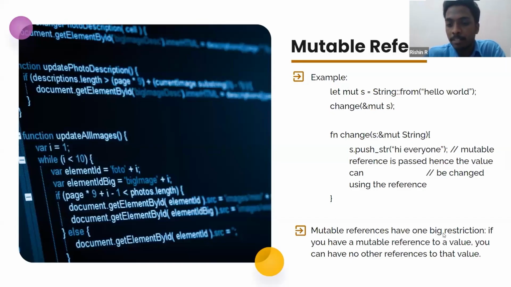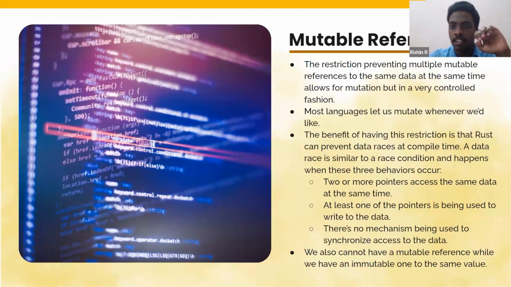Okay, mutable reference. We use the mutable reference to actually change. So mutable references have one big restriction. If you have a mutable reference to a value, you can have no other references to that value until you have used the mutable reference completely. So the restriction is preventing multiple mutable references from accessing the same data at the same time.